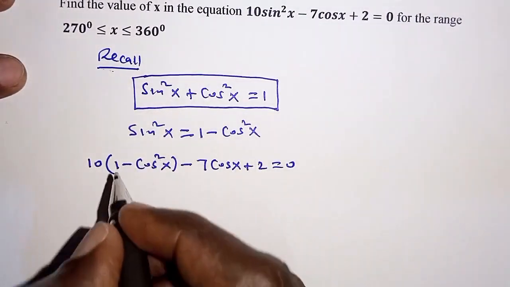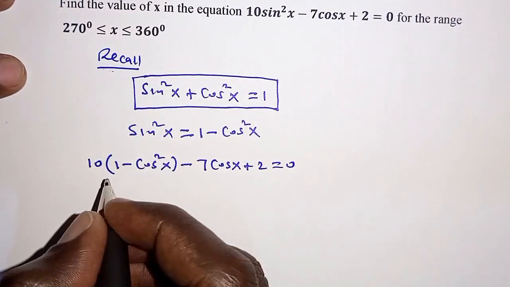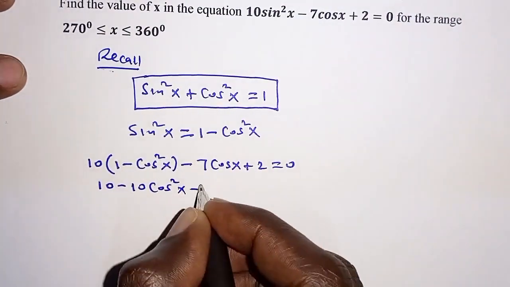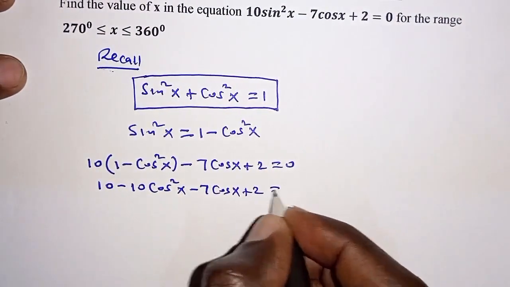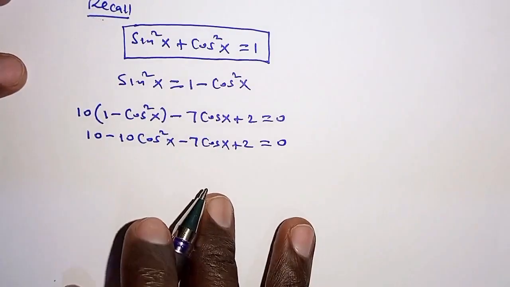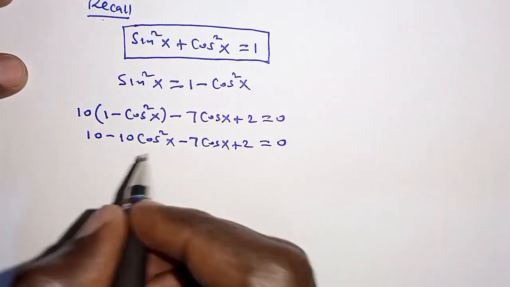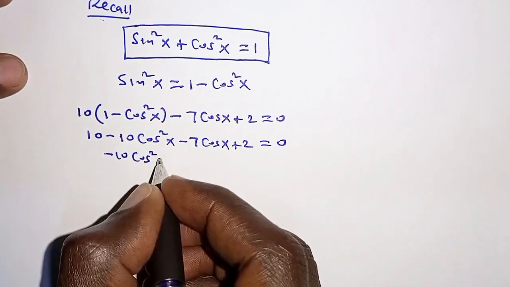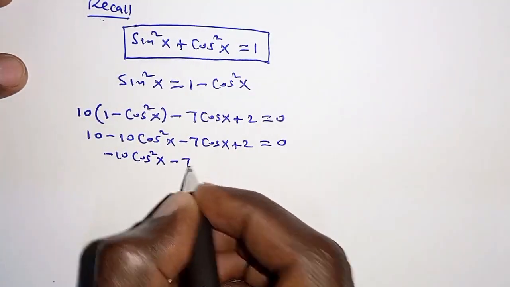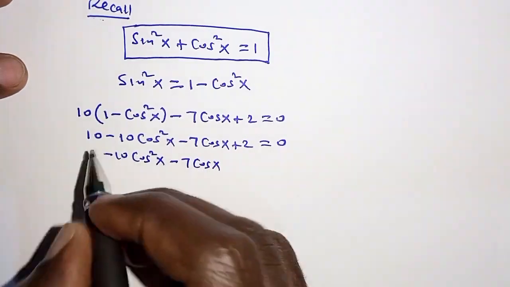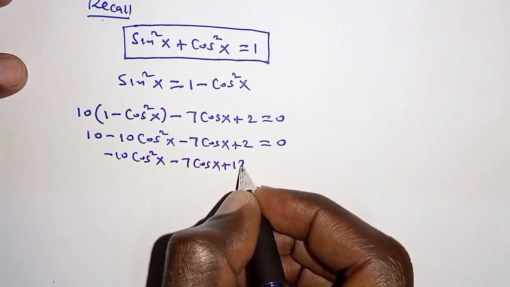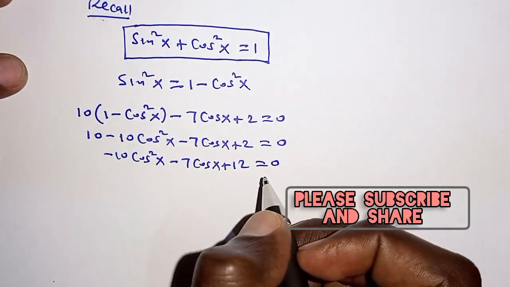Now opening the brackets and simplifying, we'll have negative 10 cosine squared of x minus 7 cosine of x. Now 10 added to 2 gives us 12, so that is plus 12 is equal to 0.